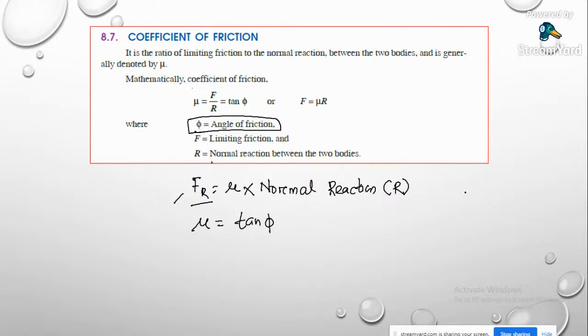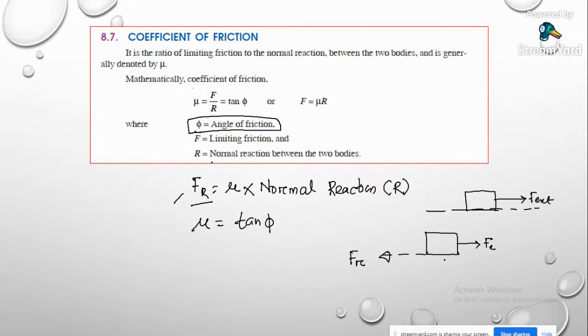Better we can explain by drawing a body placed on a surface. An external force will act on this body. If you draw the free body diagram of the body, this is our external force, and this is my resistive force, called friction.